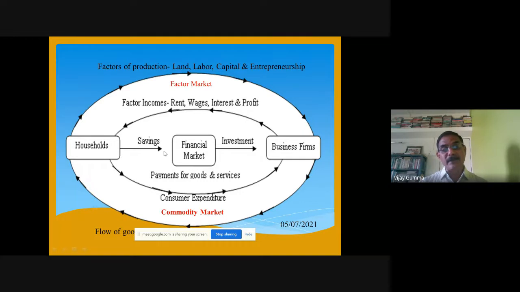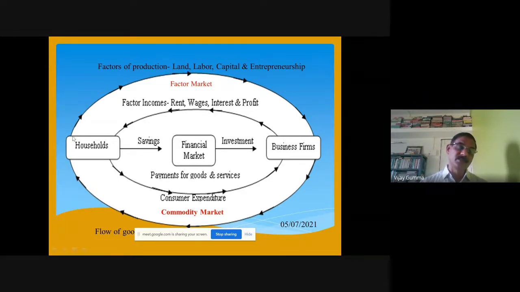The upper part of this circular flow diagram shows the flow of factor services as well as the flow of money income.